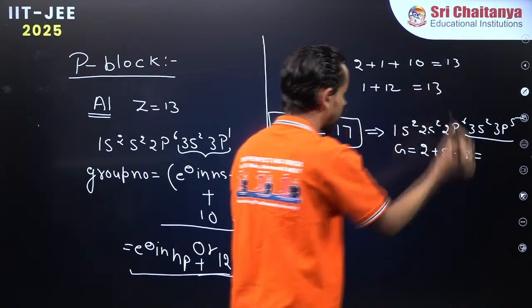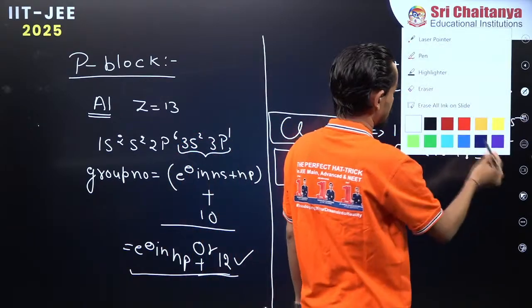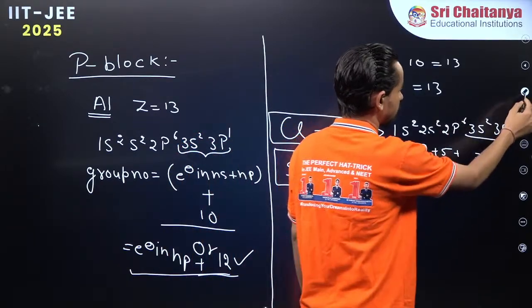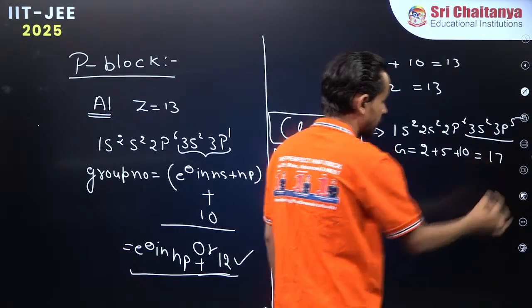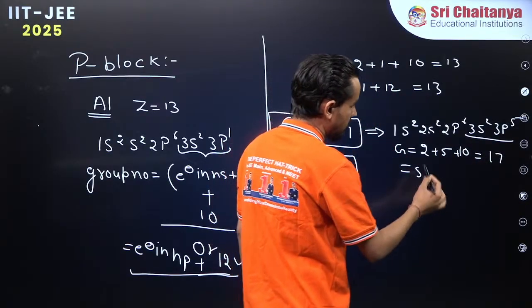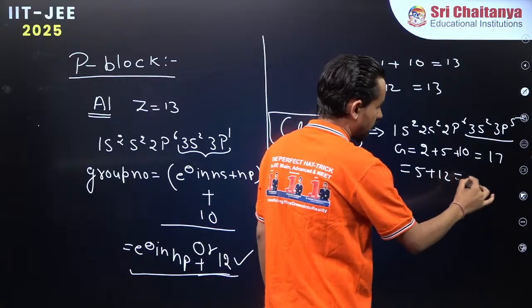That is a slight thing that we have missed. For chlorine also, you have to write 2 plus 5 plus 10, that is 17, or 5 plus 12, that is equal to 17.